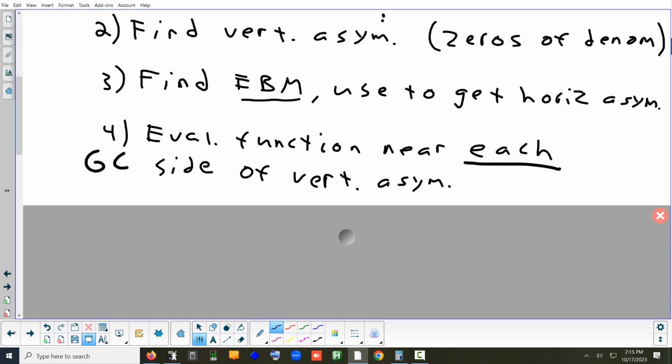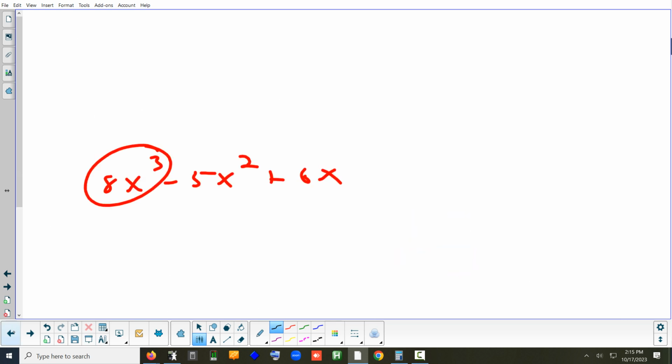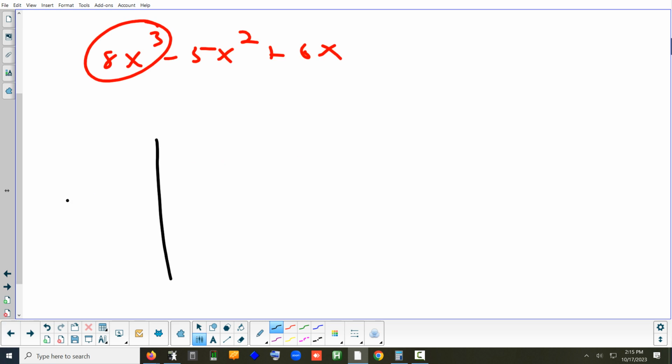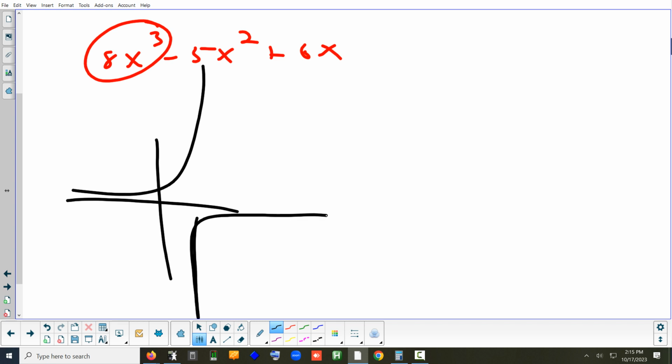Because all of these graphs usually do something like this. Curves up, and then the other part curves down. And here's your asymptote. So one side is up really, really high, and the other side is down very low.